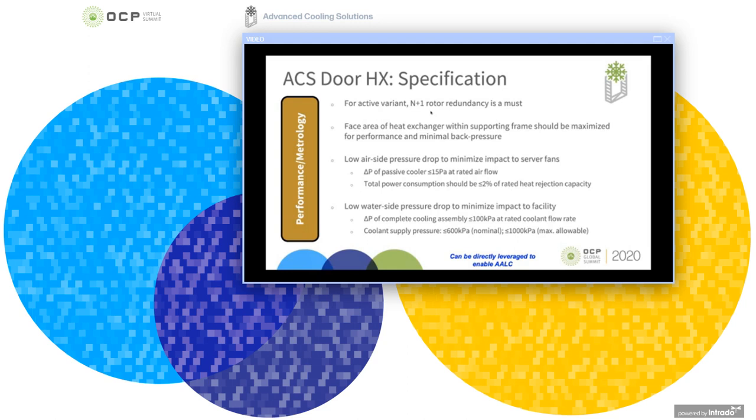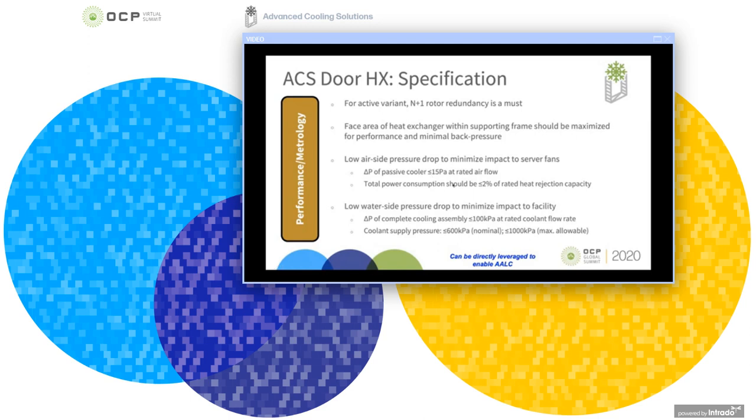These include fan redundancy, test standards and reference conditions that the supplier can use to evaluate the cooling capacity based on predefined conditions as outlined in the specification. And also design and solution targets to minimize the impact to the IT rack and the facility.